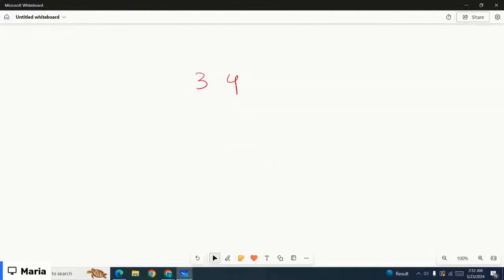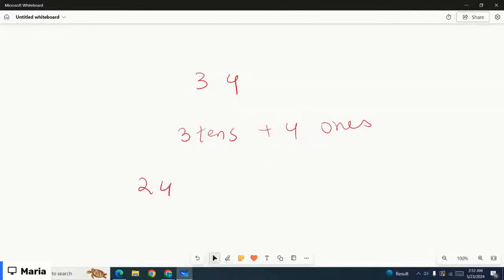Yes, we have three tens and four ones because four is at the ones position. So you have three tens plus four ones, right? Four is at the ones position and three is at the tens position, right?